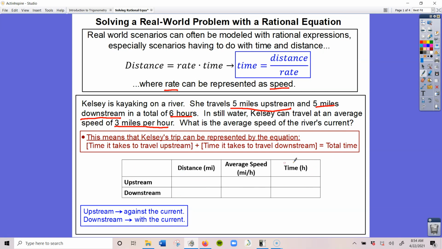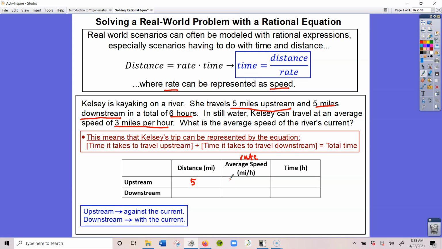I have created a chart here where we can write out the distance and the speed, which is the rate, and then how to write the time. Let's start with Kelsey going upstream. It says that she travels 5 miles upstream. So that's her distance, which is 5. Her speed, it says here that Kelsey can travel at an average speed of 3 miles per hour, but she's going upstream. So she's going to slow down because of the current.